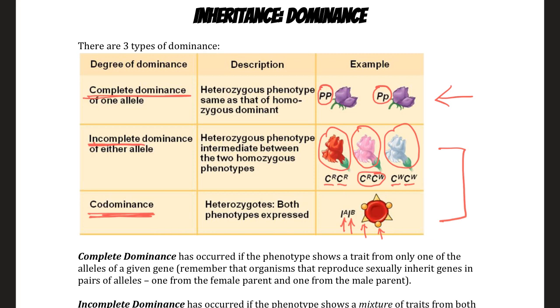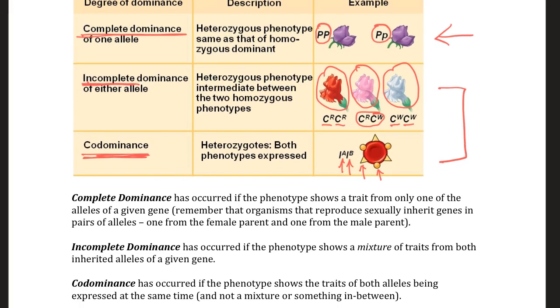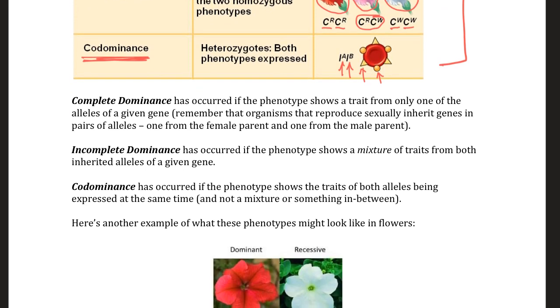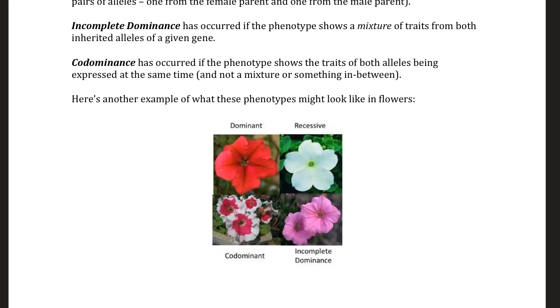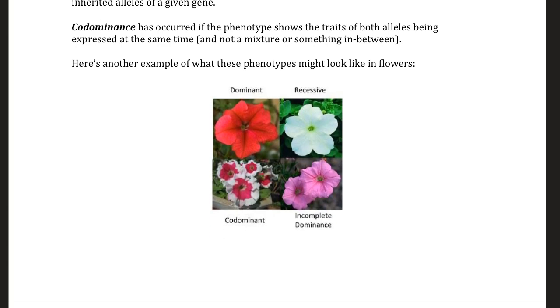Okay. So if that makes sense to you, you can read some of these definitions here, which might help you further because they've got some really good examples. And here's a really good example. If we take a look at this picture here, we've got an example of something that is dominant. Okay, so let's say red color is dominant for this flower.